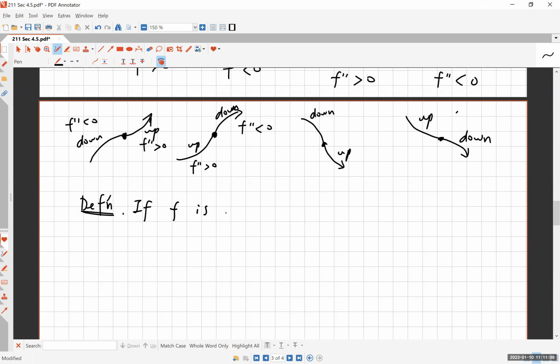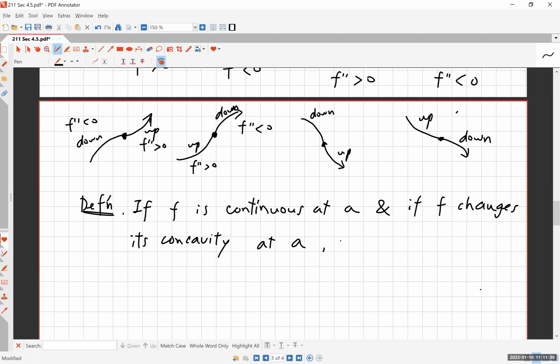If f is continuous at a, and if f changes its concavity, and this covers both directions, up to down or down to up, if f changes its concavity at a, then that point on the graph, (a, f(a)), is called, and here's the term I'm defining, a point of inflection.